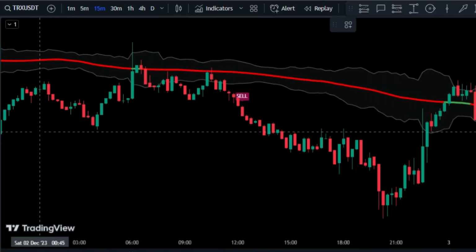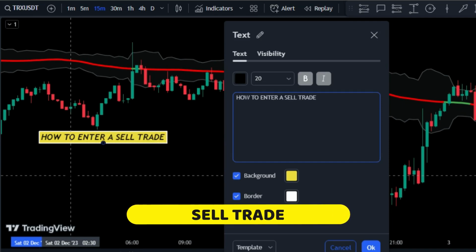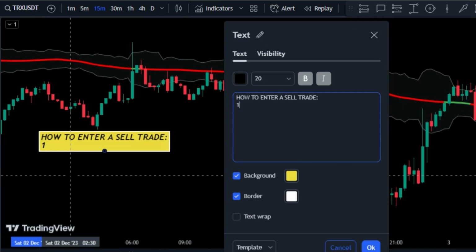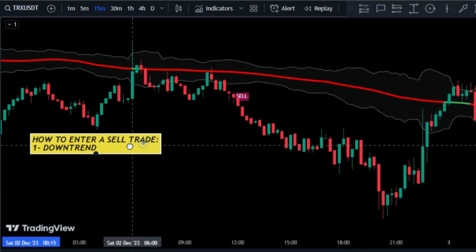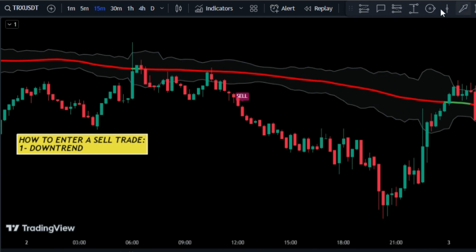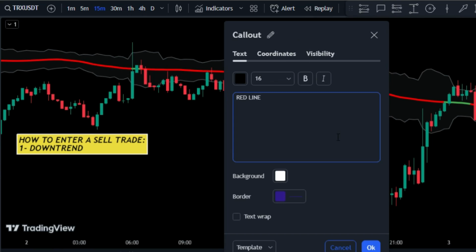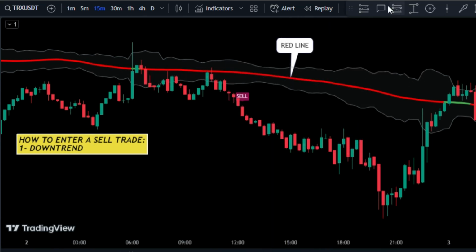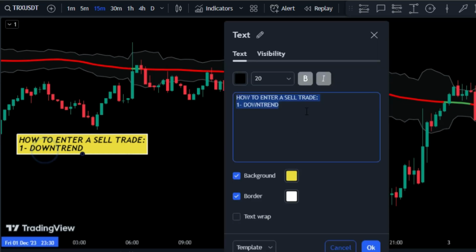For a short trade, the first rule is that the market should be trading downward. Following that, the price should be positioned outside the ATR zone.